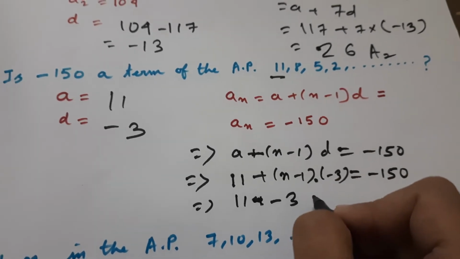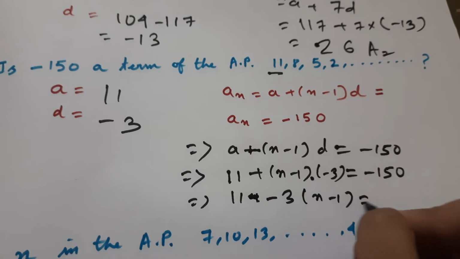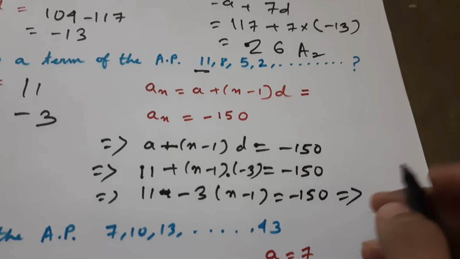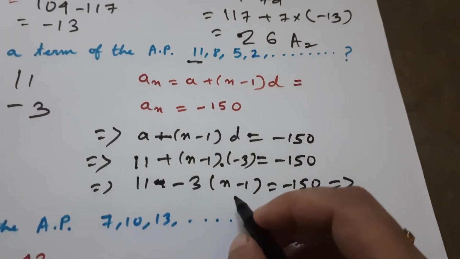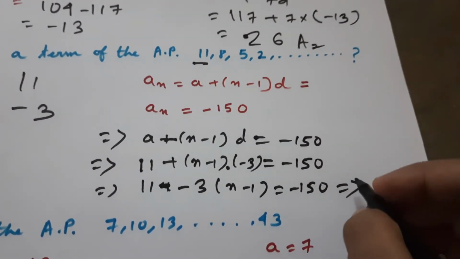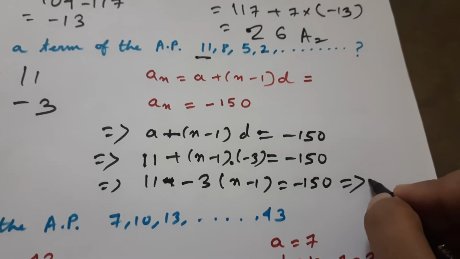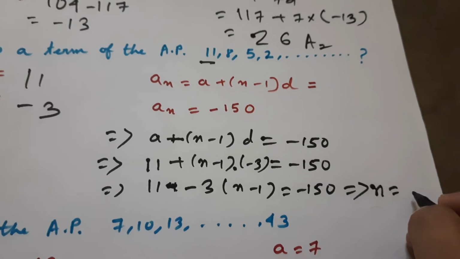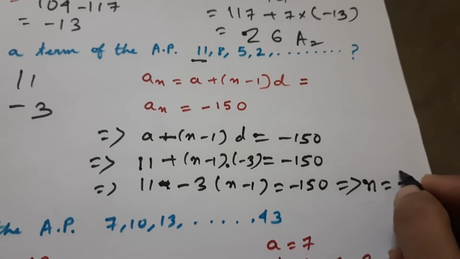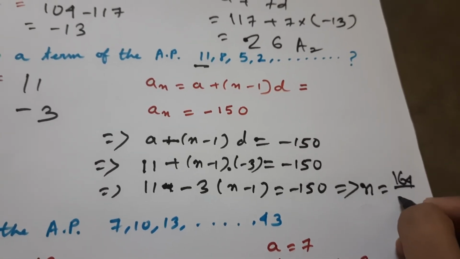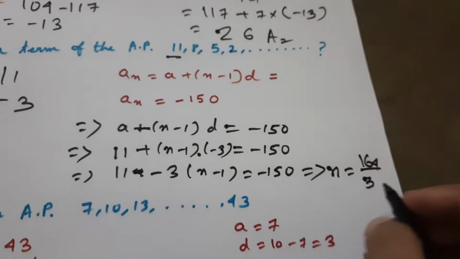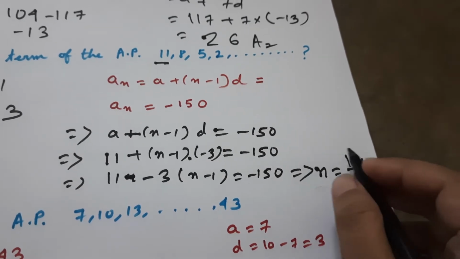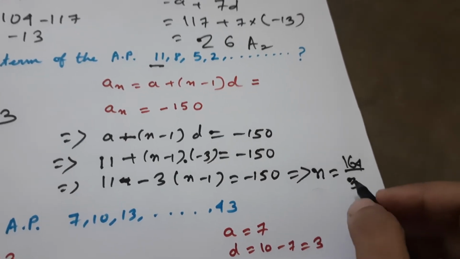If we calculate the result, then n equals minus 164 by 3.